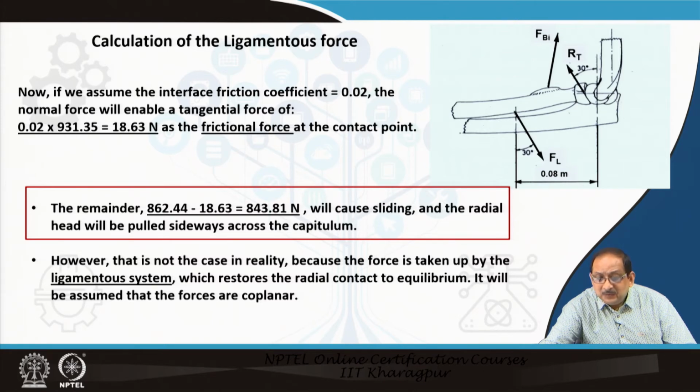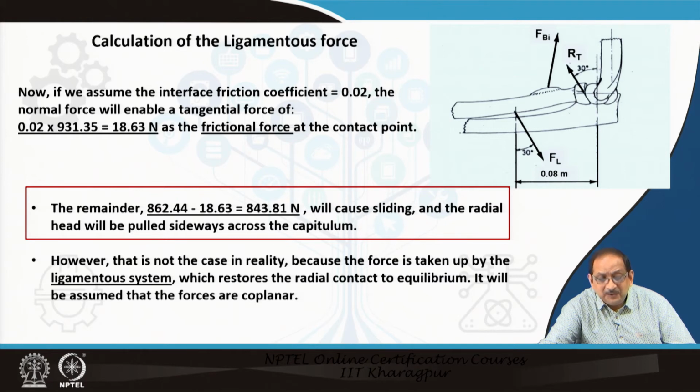and physically what will happen, this unbalanced force of 843.81 Newton along the transverse direction will tend to move the radial head sidewise across the capitulum.